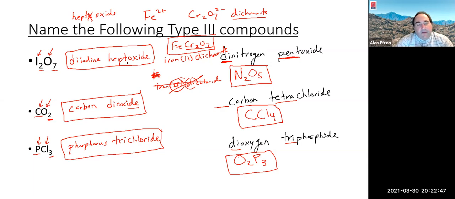Yeah, so Charlie, the only ones that are technically transition metals that don't need Roman numerals, and they're not really considered type 2, even though they're transition metals, are zinc and cadmium, like we talked about. They do have fixed charges, +2 each, and silver has a fixed charge of +1.